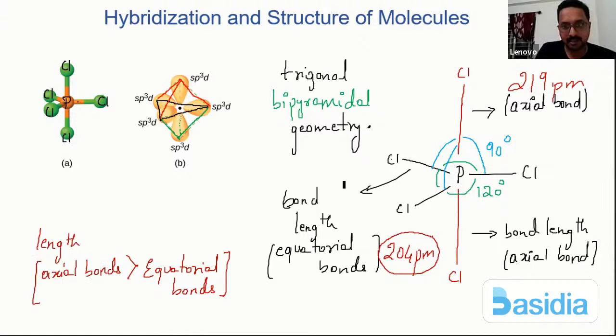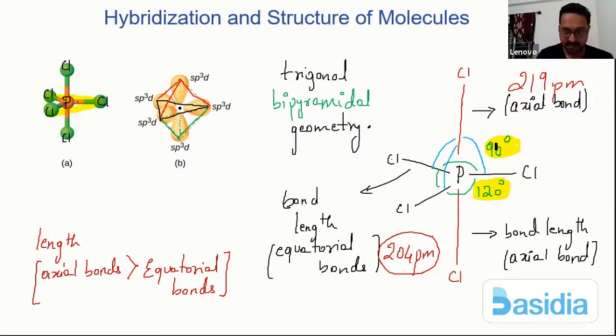So I clearly understand that for a trigonal bipyramidal structure, between the trigonal part, you will find the bond angle is how much? 120. But between the axial and the equatorial bond, the bond angle is 90. Okay. So this is all about what? This is all about SP3D hybridization.